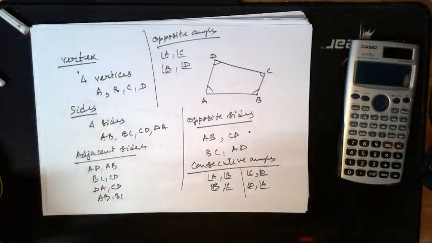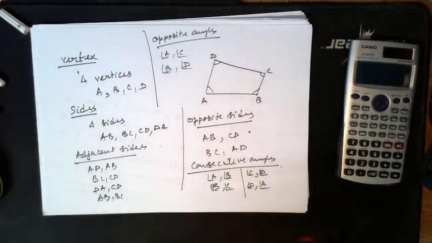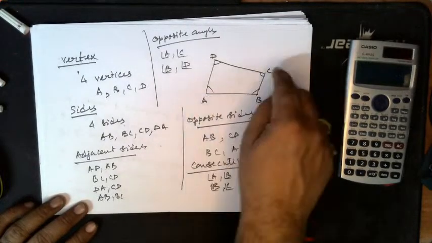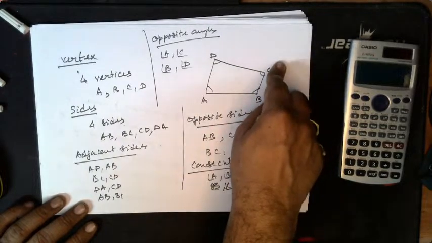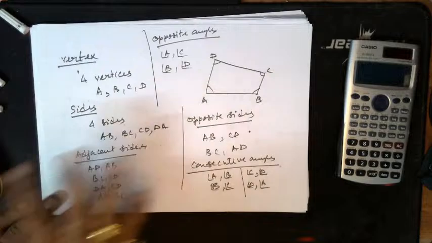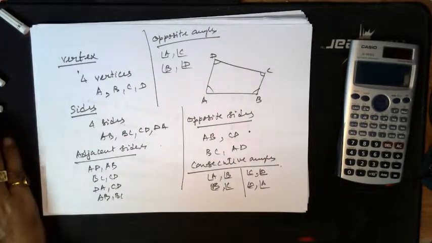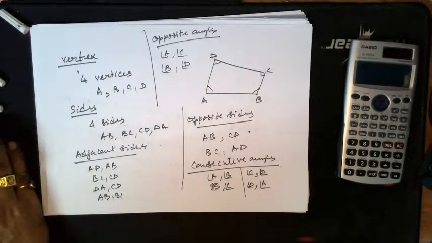Diagonals are the lines that connect the opposite vertices. So A is a vertex, C is the vertex, opposite vertices. So diagonals connect the opposite vertices. Got it? Right. We'll discuss in the next class.